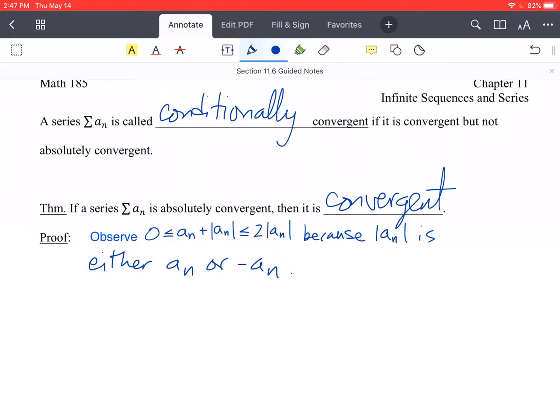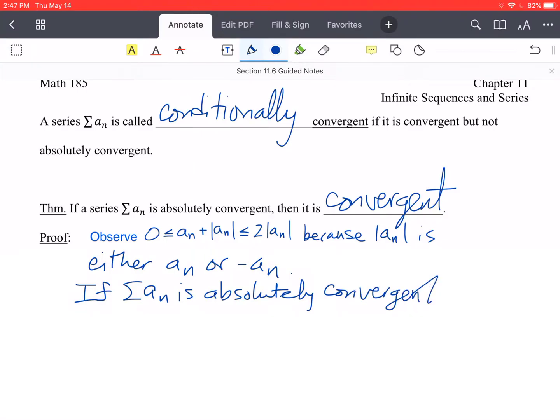Then we can say if the sum of the series a sub n is absolutely convergent, then that means the sum of the absolute values is convergent.